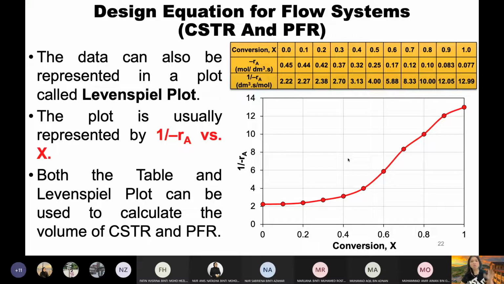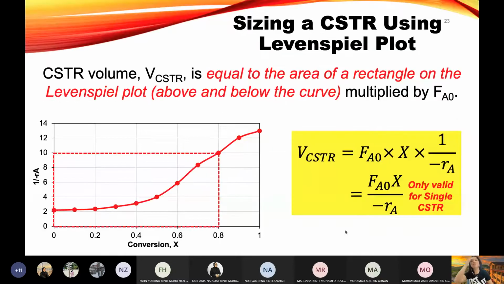The plot is 1 over minus rA versus X. So you don't forget that part. If it's a plot, it must be 1 over minus rA versus X. Using the same plot, you also find the volume of CSTR and the volume of PFR. Okay, the volume of CSTR is very straightforward because the CSTR formula is a linear formula.